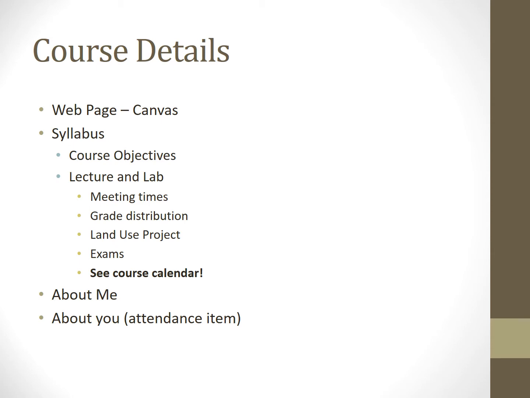That'll be mostly in lab. And of course, you'll see a course calendar with each week's topics, suggested reading, and of course, when we will host exams. So first, go read the syllabus.